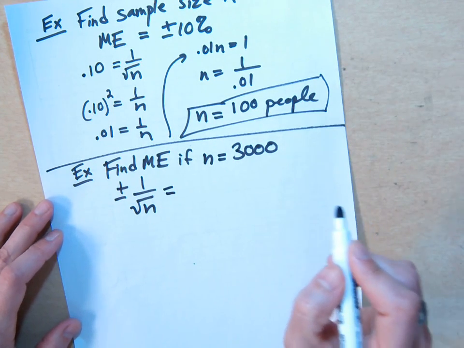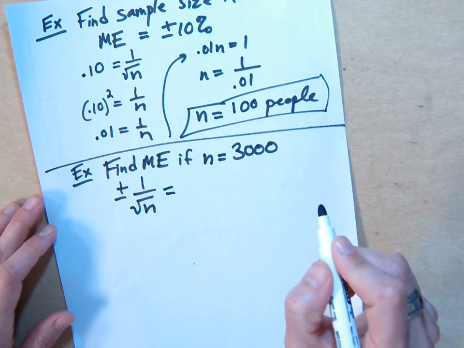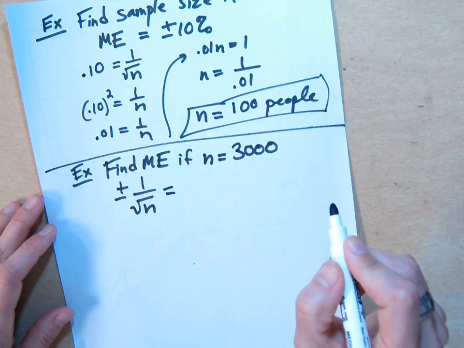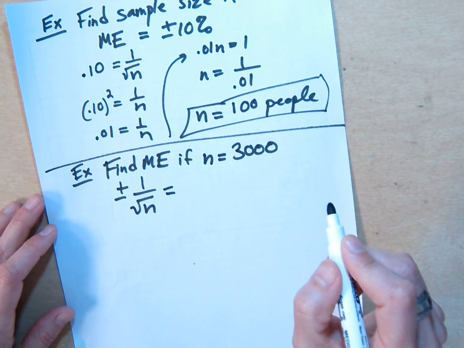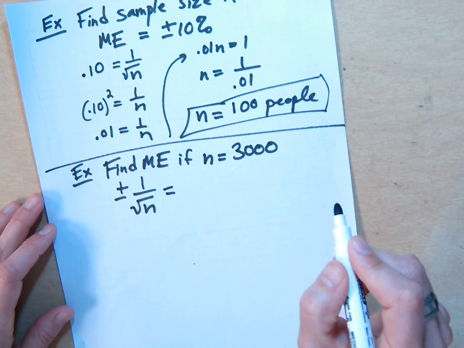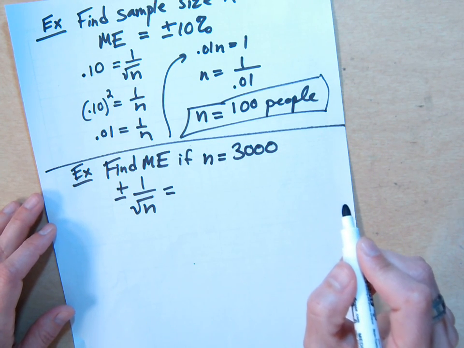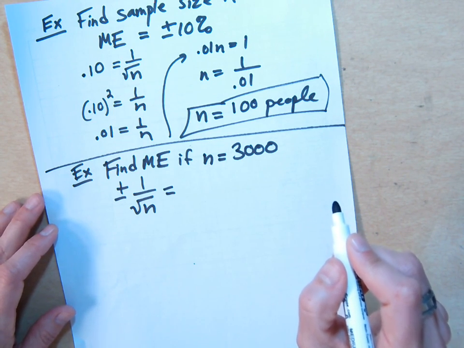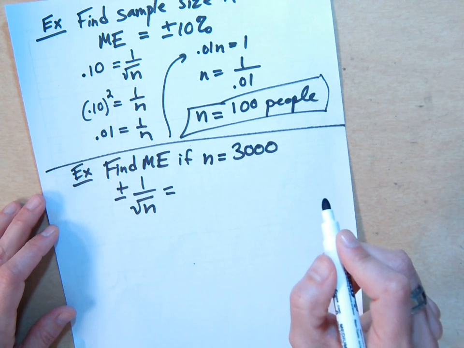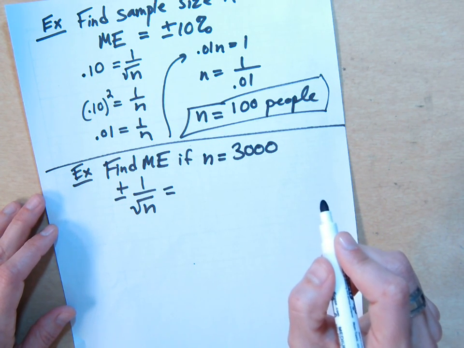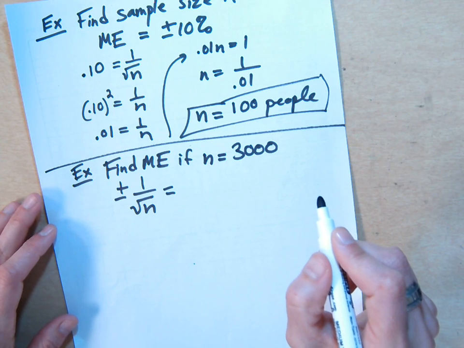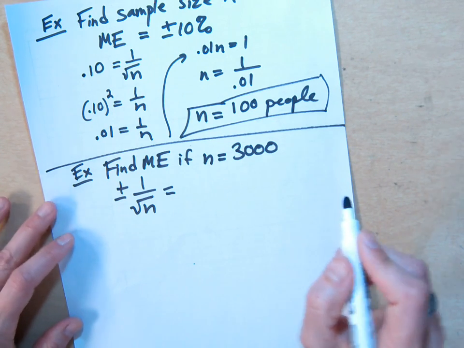So what do you think it's going to be if you can sample 3,000 people, roughly? Remember 6%, we sampled 278. So if we can sample 3,000 people, what do you think the margin of error will be? Pretty small, right? Okay, so let's see how small.